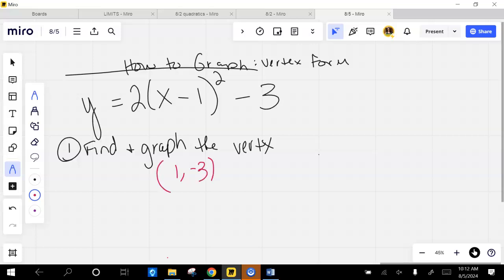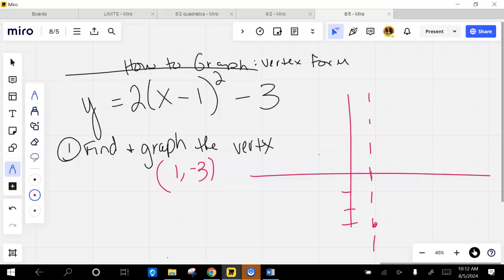What's the axis of symmetry? Yes, thank you. X equals 1. If the vertex is 1, -3, then the axis of symmetry goes right through that vertex. You see how I've eliminated that whole first step whenever I graph in standard form?